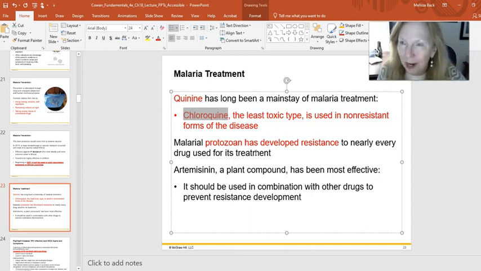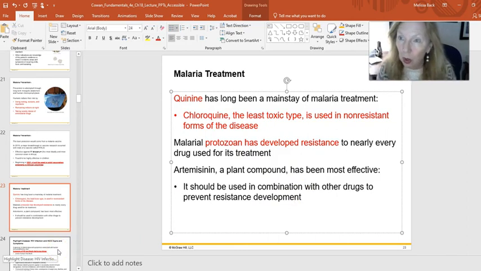So we're careful in how we give these drugs, and we make sure that we know what we're treating. Again, it is so important that you know what you're treating so that you are not doing harm with your treatment.